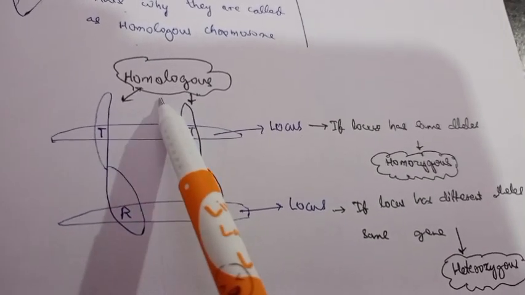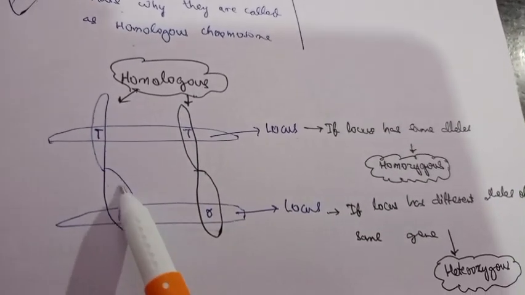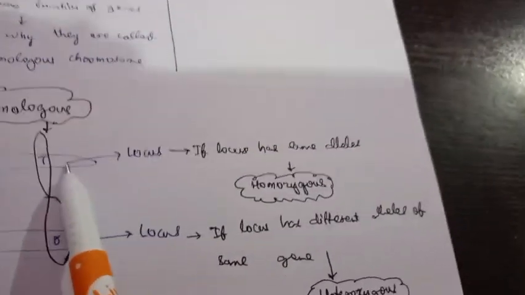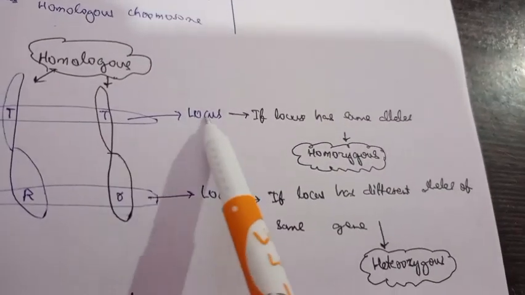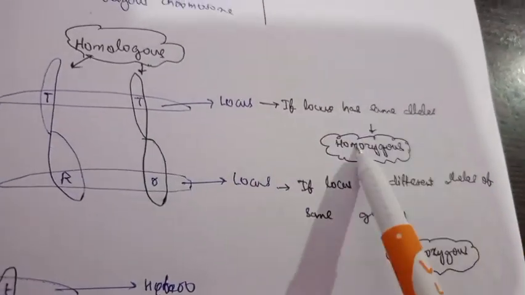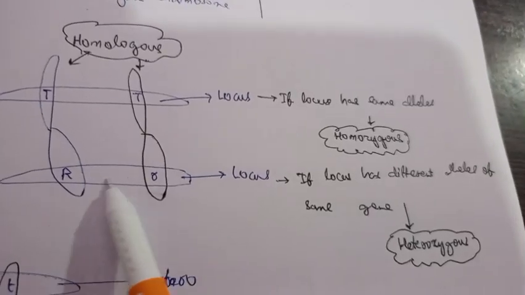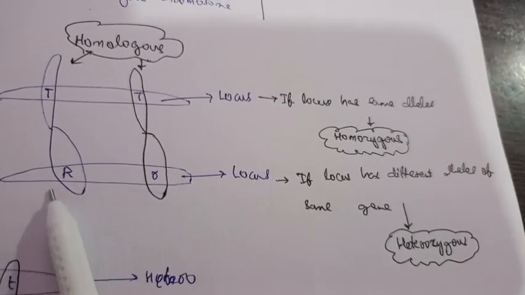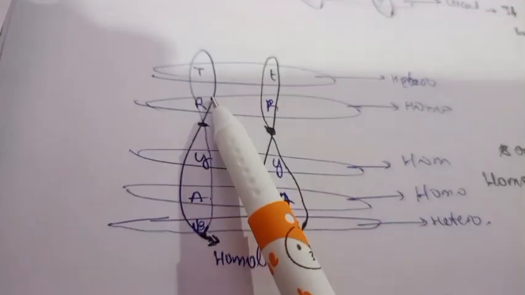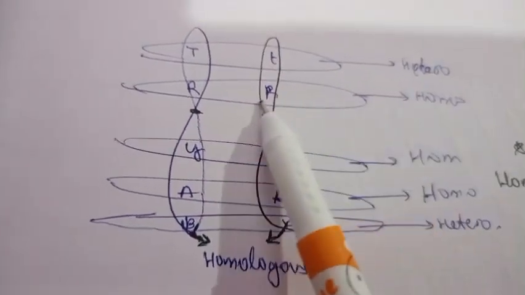Let's understand homologous. The paternal and maternal chromosomes are homologous to each other, but their alleles at a locus can be different. If a locus has the same alleles, it is homozygous, but if a locus has different alleles, capital R, small r, it is heterozygous. For example, here we can see capital T, small t, it is hetero.